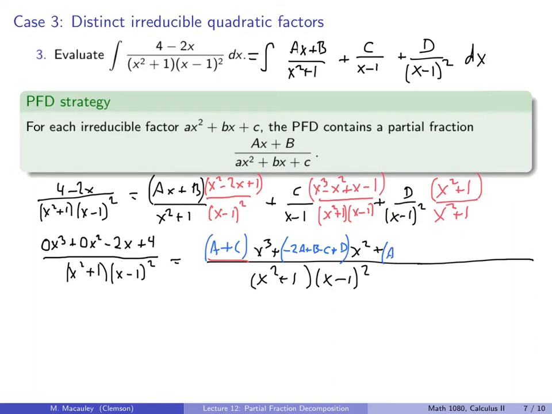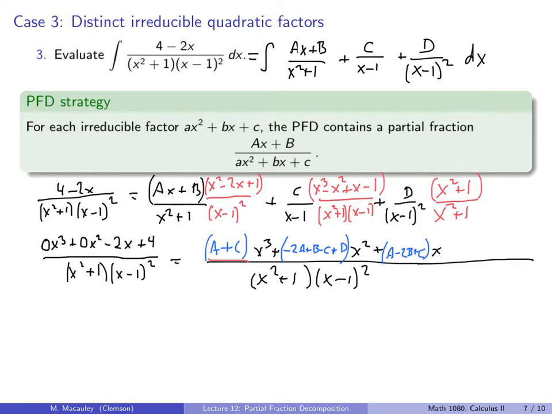We have a b times negative 2, so minus 2b. We have a c times 1, so we have plus c. And we don't have anything over here. So I'm going to end that, and I'm going to put x.